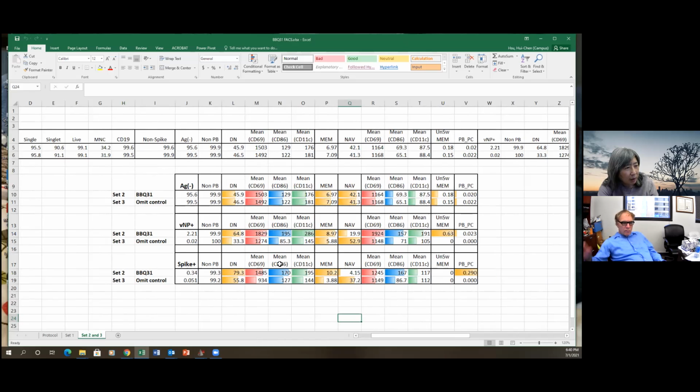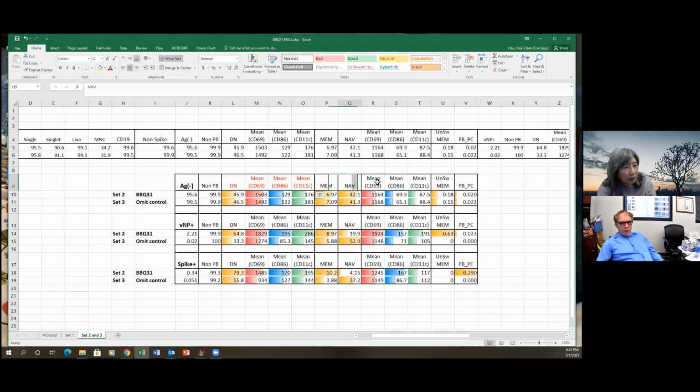You see this is higher. This is double negative, and then this is naive. You can see they're both higher than the total. So the CD86 in double negative is higher.